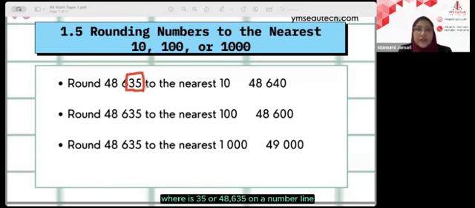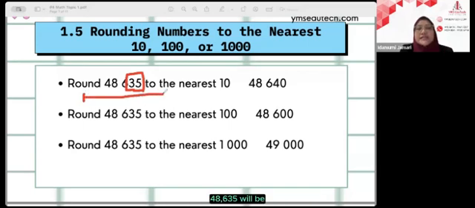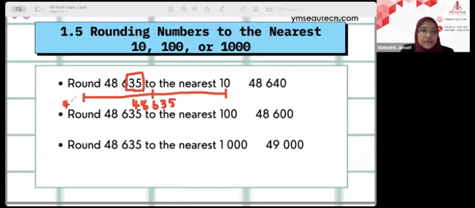Where is 35 or 48,635 on a number line? 48,635 will be in between 48,630 and 48,640.